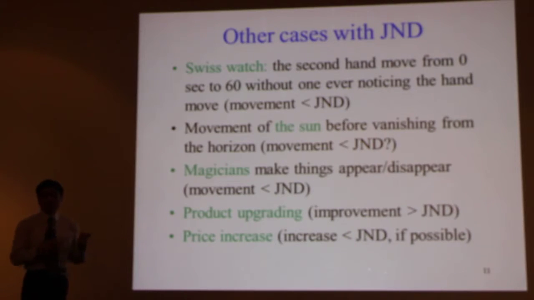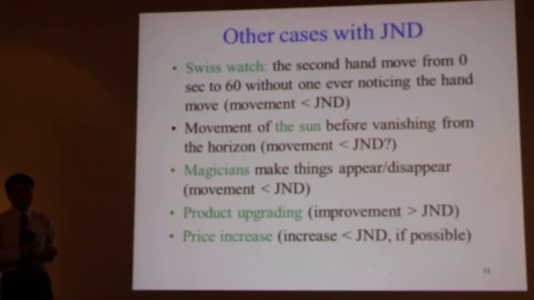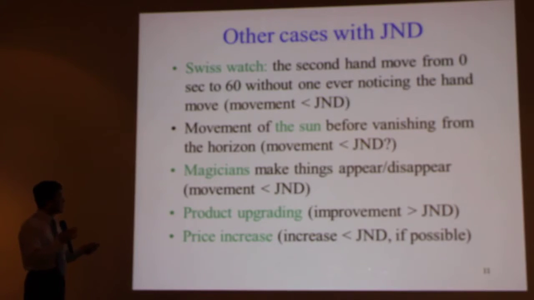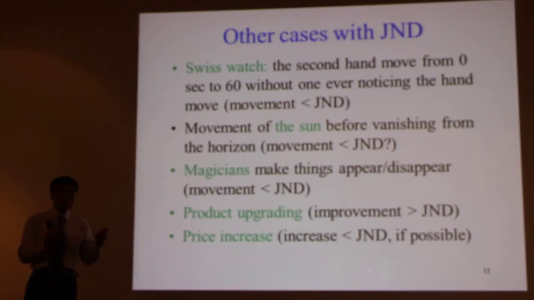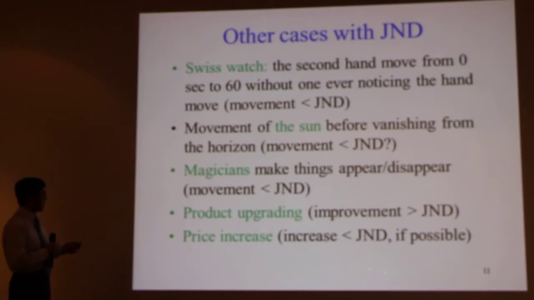The sunset, some people think the sunset is below 1 JND, but some people disagree. They think they can notice the speed of the sun dropping, the fading of the sun. A successful musician has to make any crucial movement below JND, right? So that they can make a trick out of our eye.